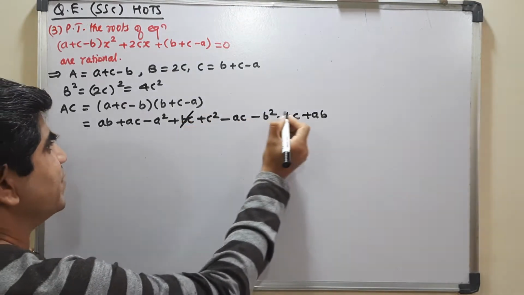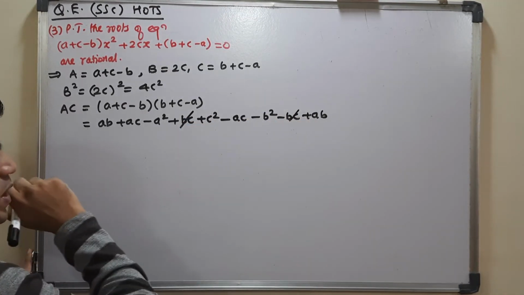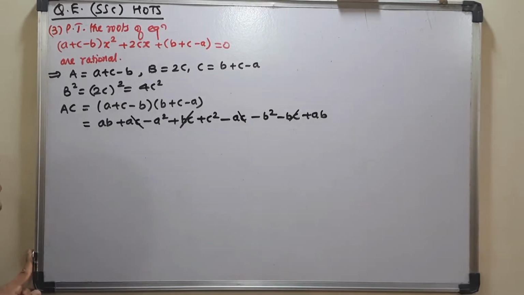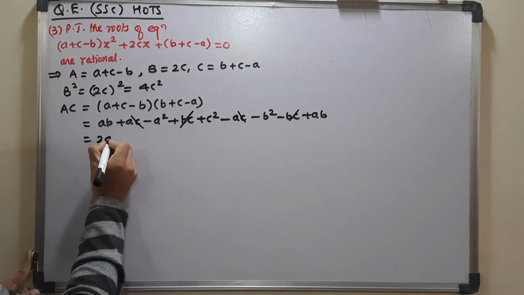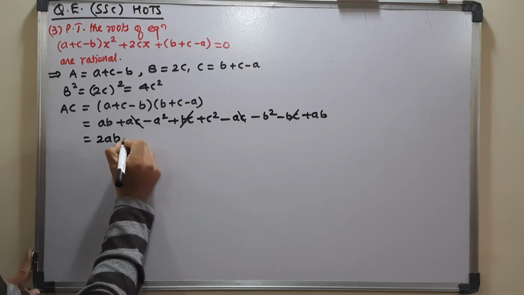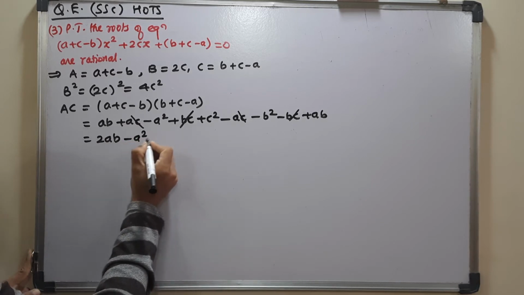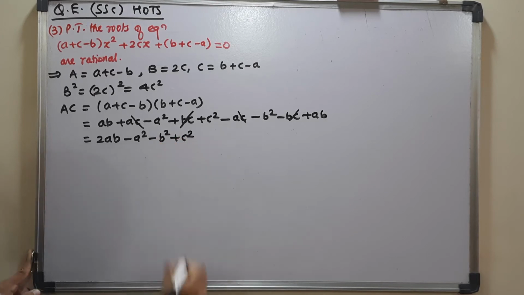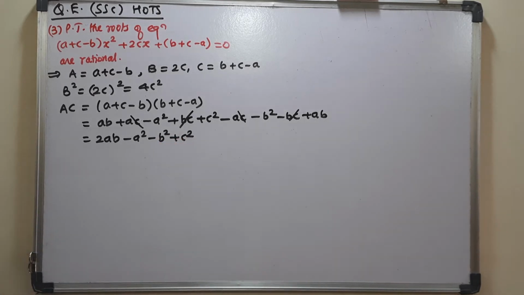Yes, this BC vanishes and also AC vanishes. AB does not, so you will get here 2AB minus A square minus B square plus C square. Agreed? This is your AC.